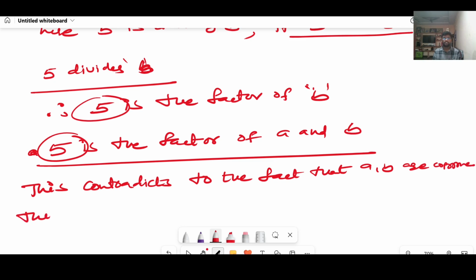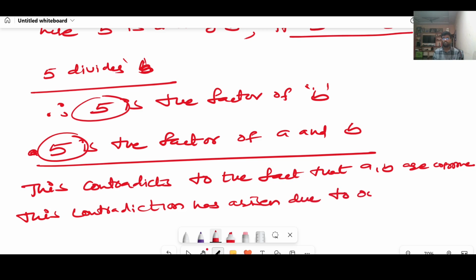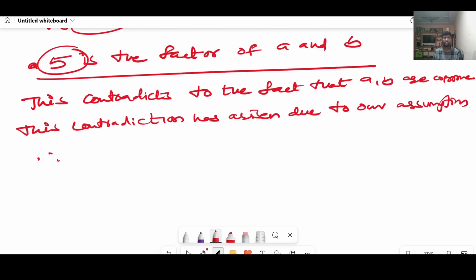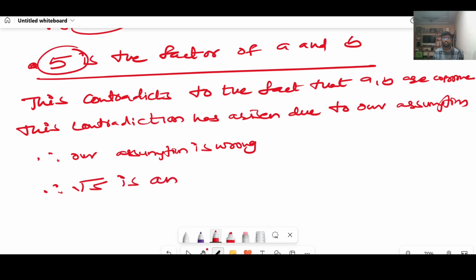This contradiction has arisen due to our wrong assumption, right? Therefore, our assumption is wrong. What is right now? Therefore, root 5 is an irrational number.